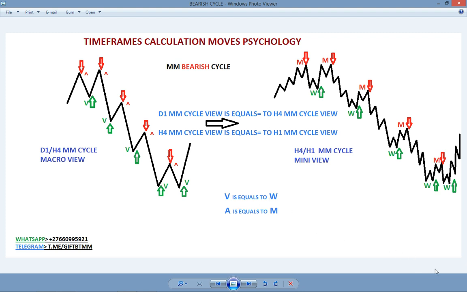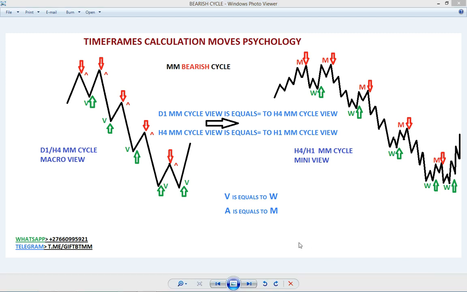You see, the bigger picture is very important always. You cannot trade with just one time frame. You have to combine these time frames. I will recommend you to use the daily chart as a bigger picture, and H4 as a bigger picture.